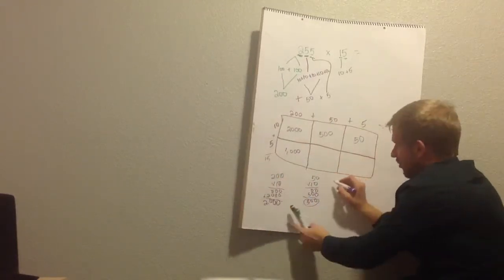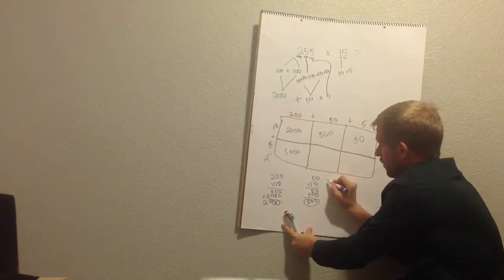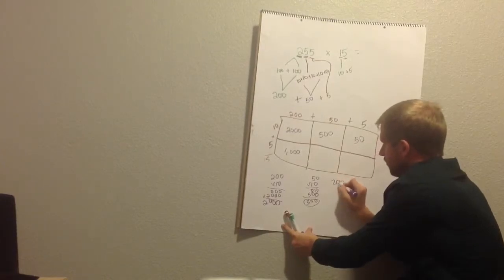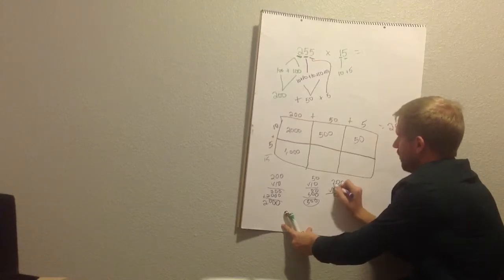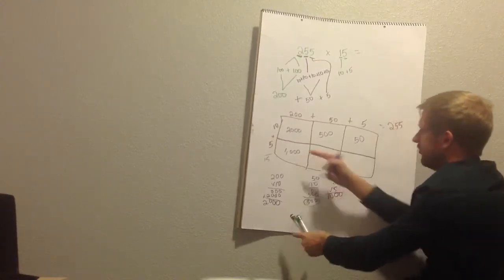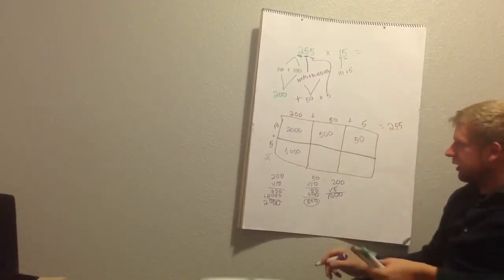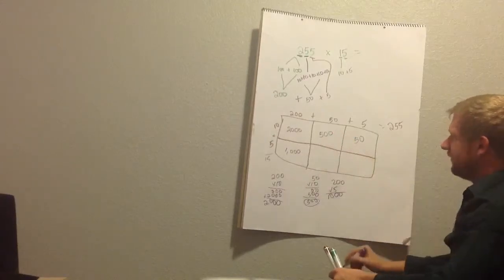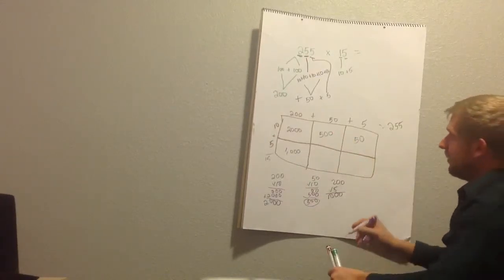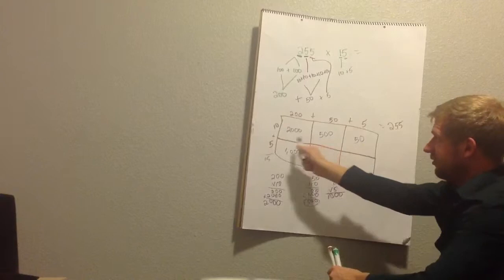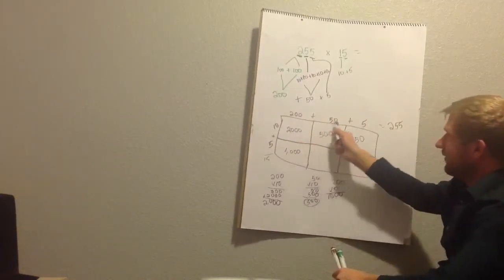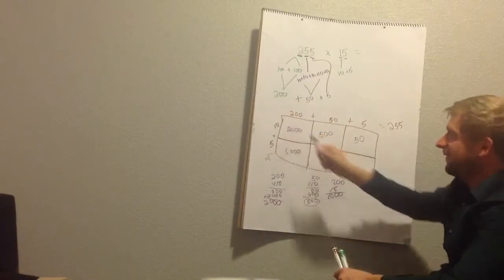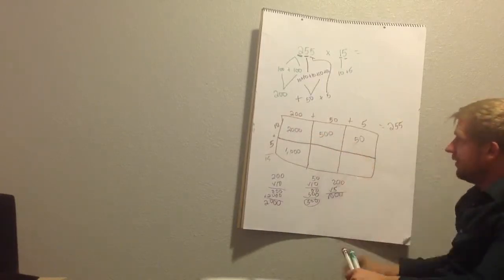Let's check that using the algorithm way as well. Let's go 200 times 5, 0, 0, 10, 1,000. 1,000. Good, we got it right. Now 5 times 50. Let's see what happens. We know it's going to be half of 500, because 5 is half of 10 and we were multiplying 10 times 50, so 5 times 50 is going to be half of what 10 times 50 was.